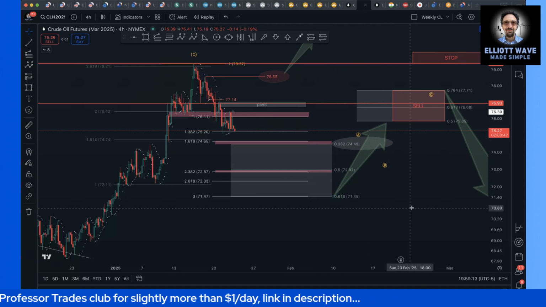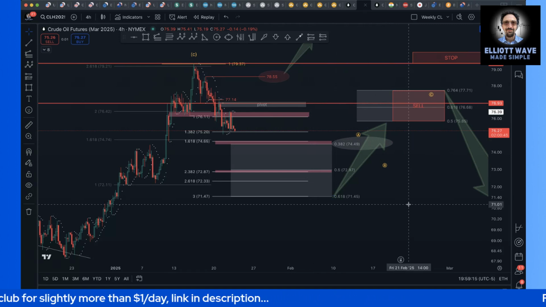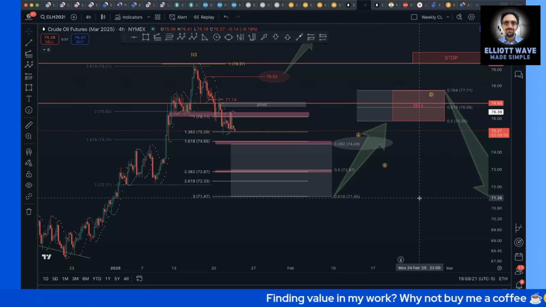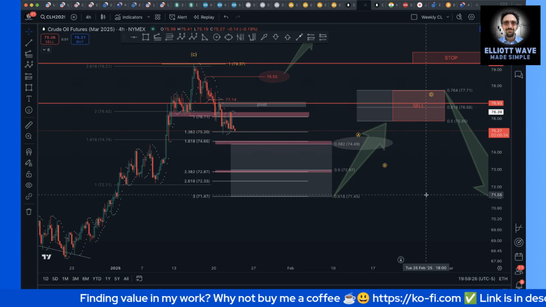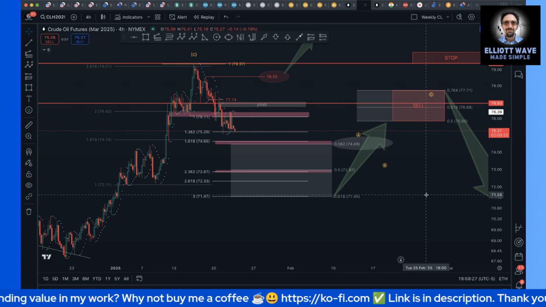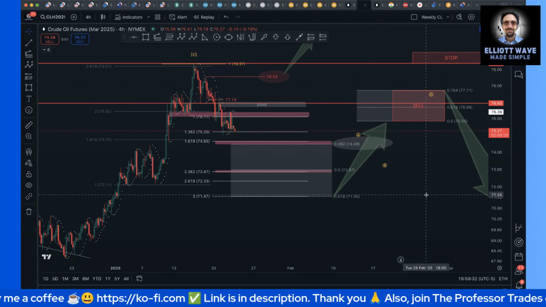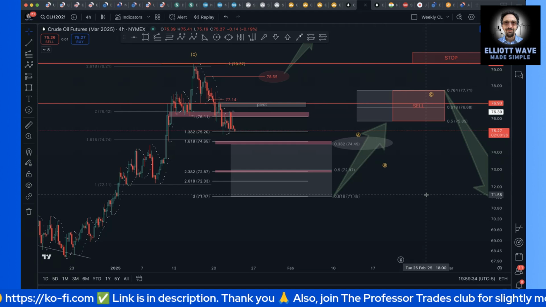Now, also, there's a news day tomorrow, by the way. So expect wildness. I view news as a catalyst that just pushes price to fibs that it wanted to go to anyway, and news is the catalyst. Sometimes there's two options. There's always alternates. Maybe it's going to go this way, maybe it's going to go that way. And then there's news, and it picks a direction, and it goes fast and hard.